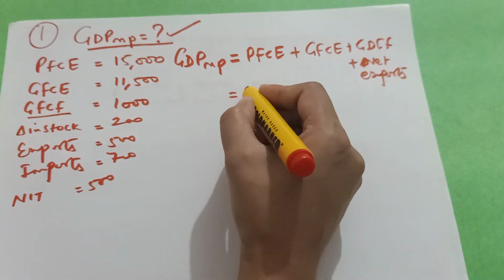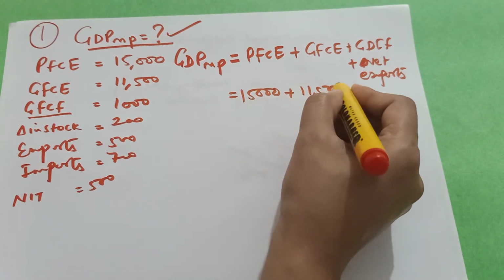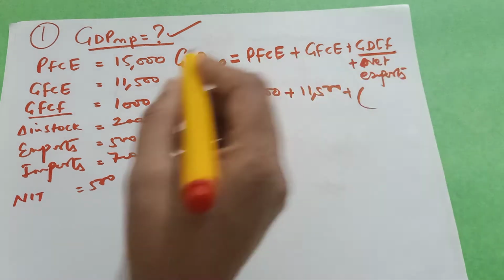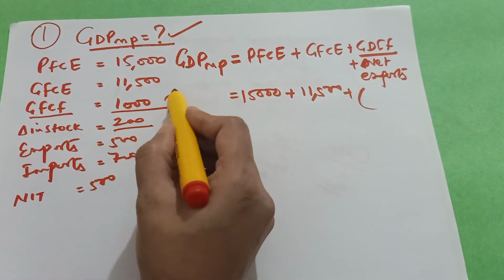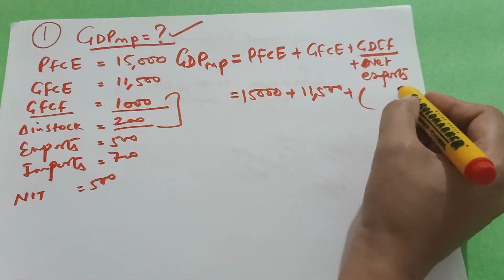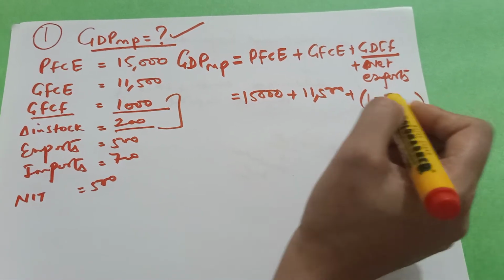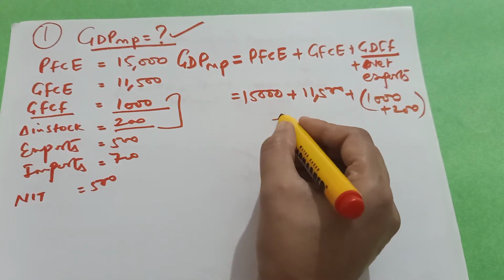So 15,000 plus 11,500 plus GDCF. This we have to work out. Here gross domestic fixed capital formation is given, so you have to add change in stock also: 1,000 plus 200. You can show this with the help of the formula also.